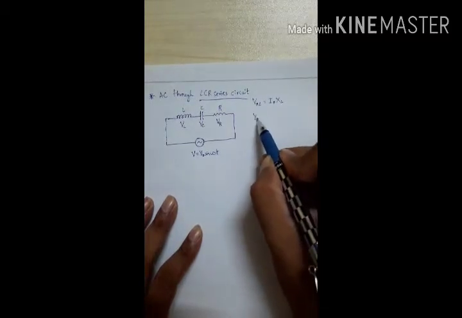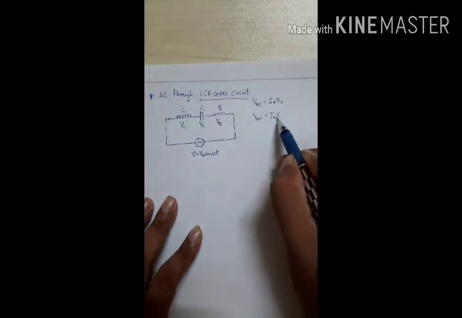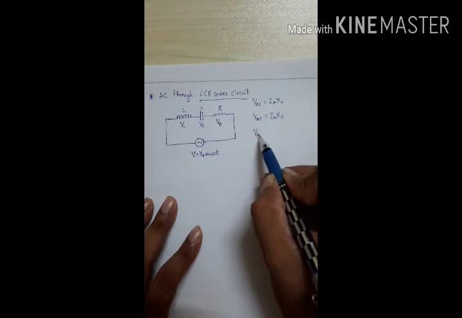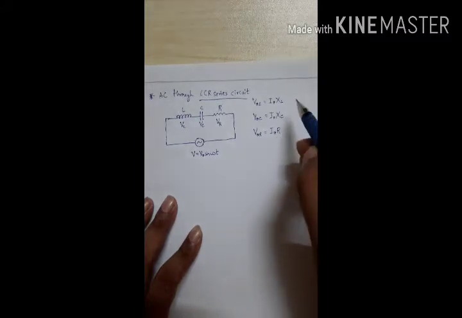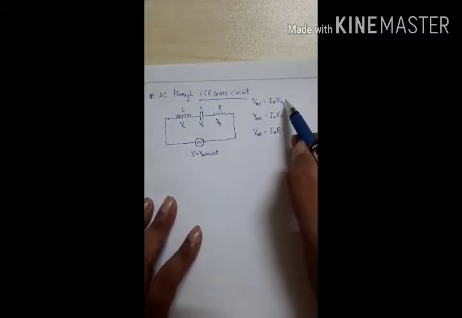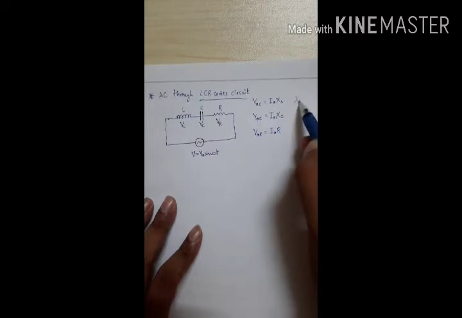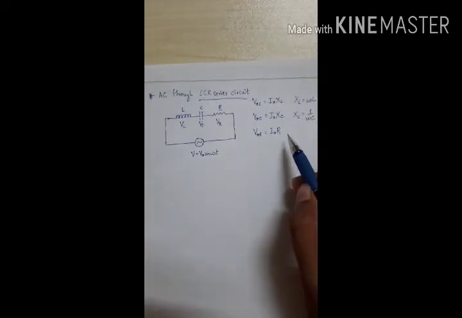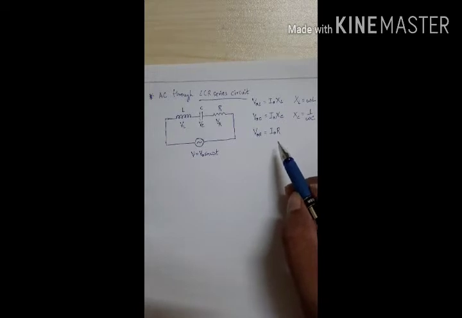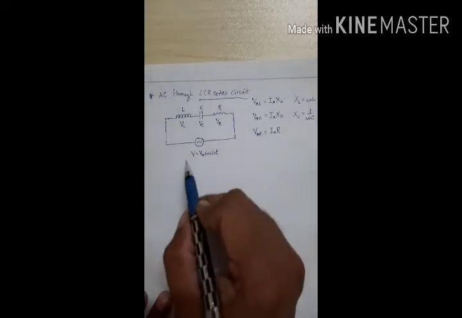Then for capacitor maximum voltage VOC will be equal to I naught XC, and for resistor VOR is equal to I naught into R. Here XL, as you know, is called the inductive reactance and its value is omega L, whereas XC is called the capacitive reactance and its value is 1 upon omega C, and R is the resistance over here, which you all very well know. Now let us write down the equation.